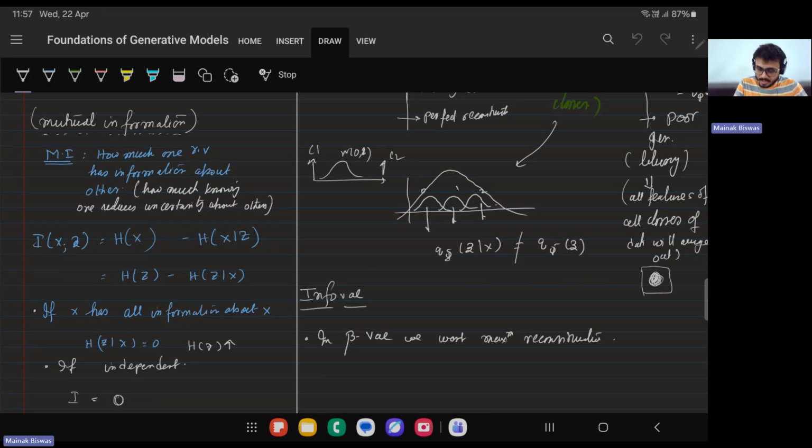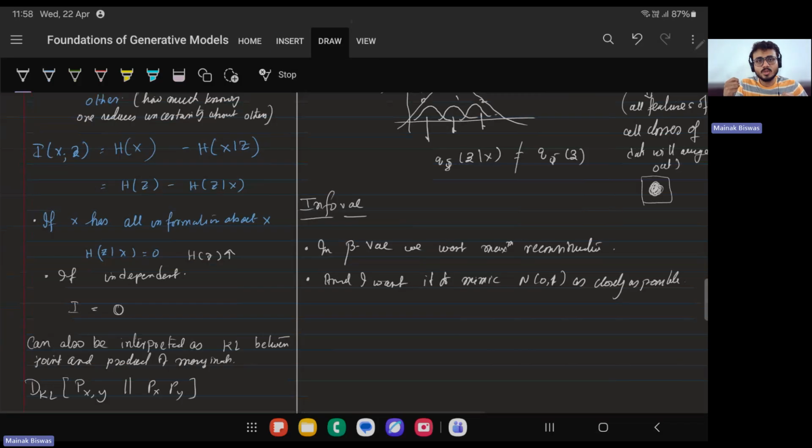It should be in my hand. But I also want it to mimic normal 0, 1 as closely as possible.